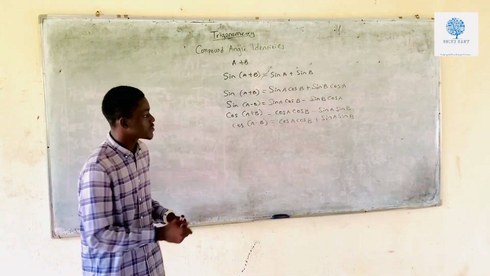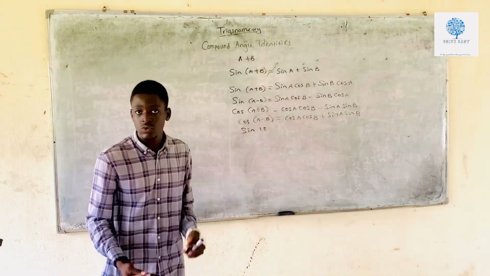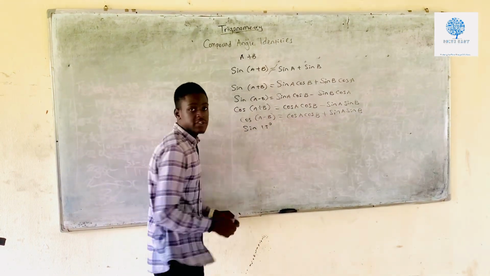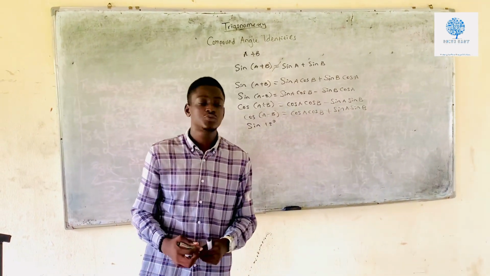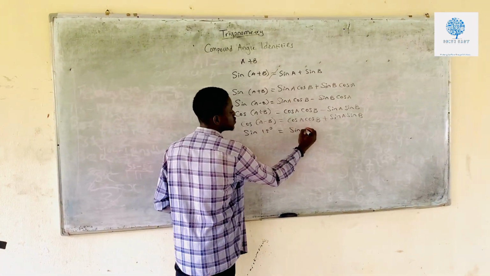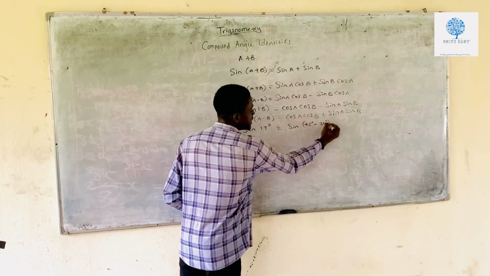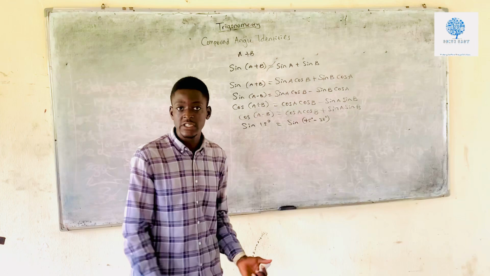Now, if we are asked to find sine 15 without using a calculator, how then do we do this? Sine 15 degrees. We have to now go and pick our acute angles that we know from trigonometry. That is, sine 15 is equal to sine (45 degrees minus 30 degrees), because we know that 45 minus 30 gives us 15 degrees.